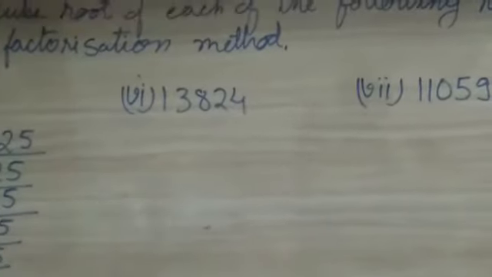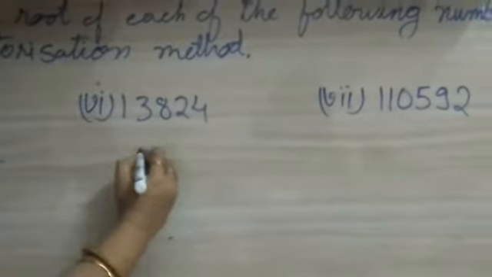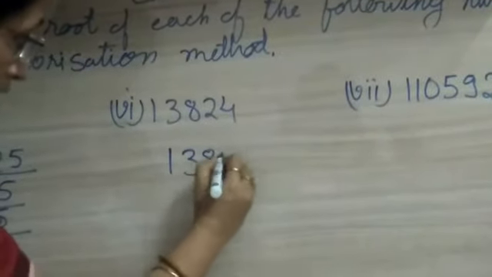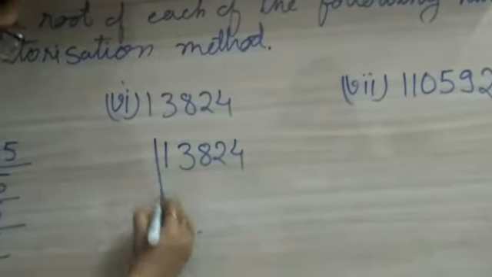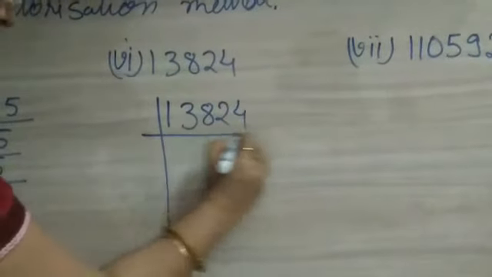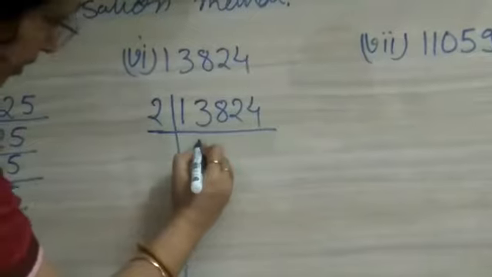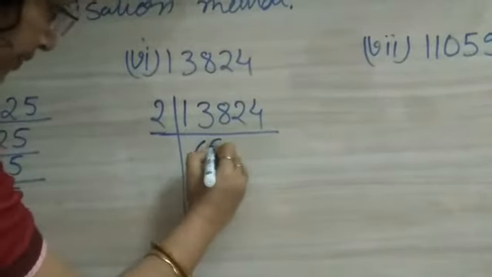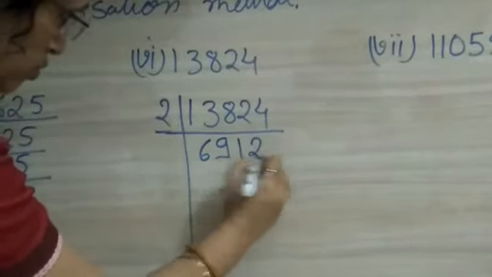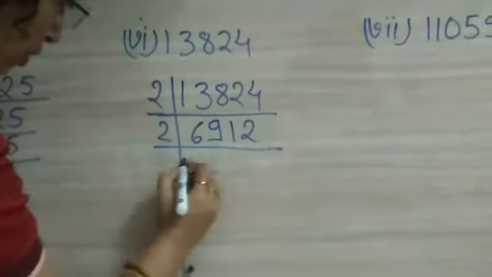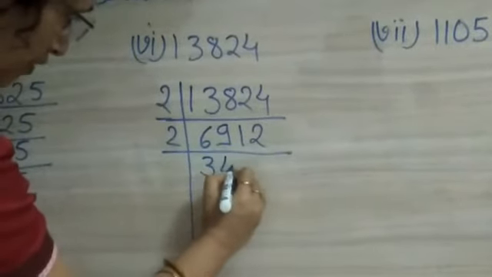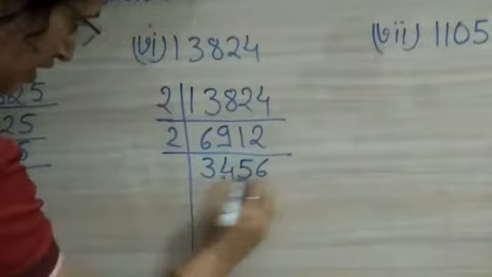See again, in the sixth part 13824, we will do the prime factorization. At the end there is 4, so we will do it by 2, so it will be 6912. Again it will go by 2, 3456.